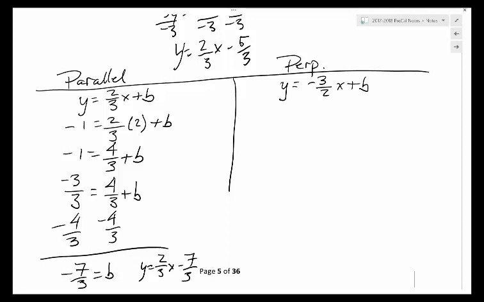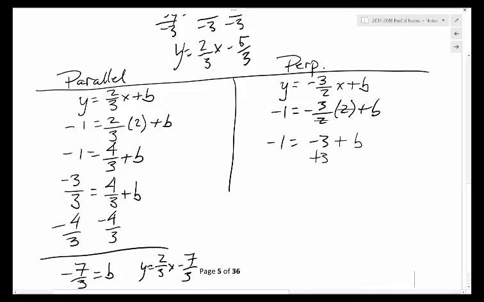Now I'm going to do the same thing on the right. So -1 equals -3/2 times 2 plus b. Oh, this is a much nicer equation. My 2's are eliminated. So now I have -1 equals -3 plus b.